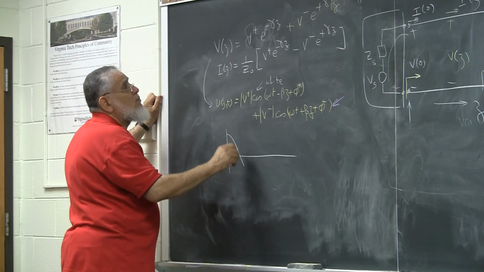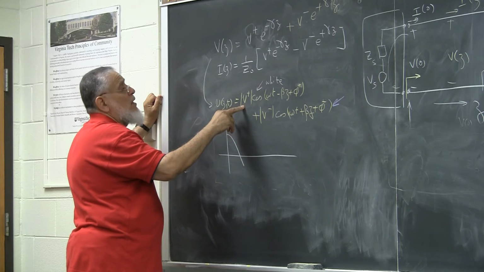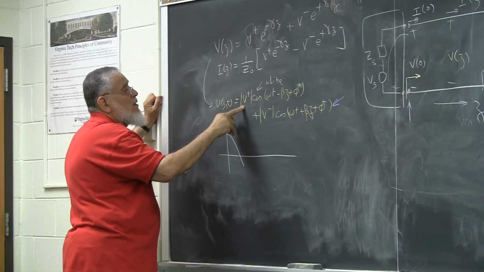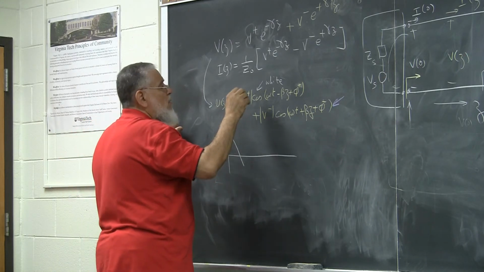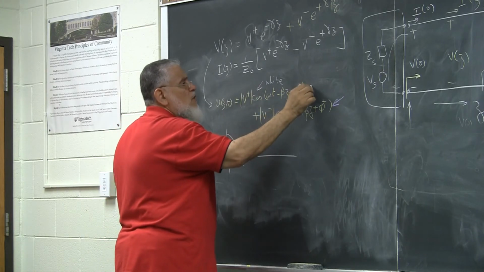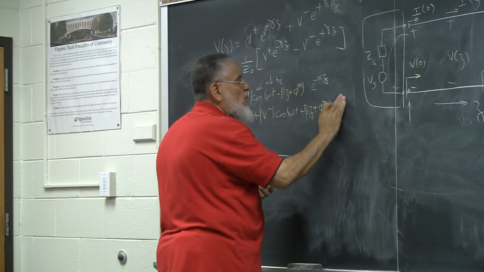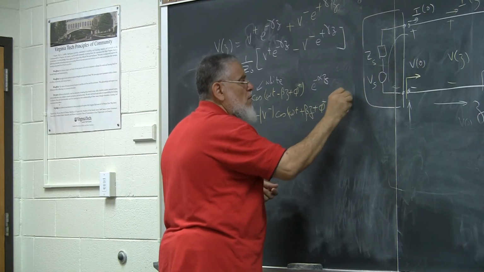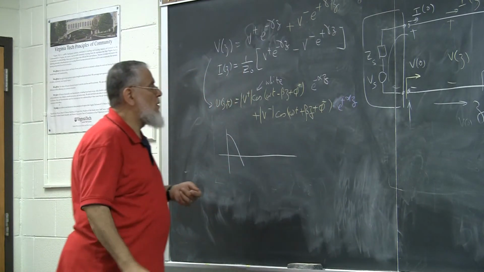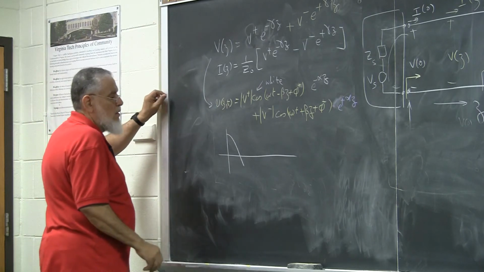Now, you notice I forgot the e to the minus alpha z. That's also important. Times e to the minus alpha z. And this one here is times e to the plus alpha z. The magnitude is going to change by that.